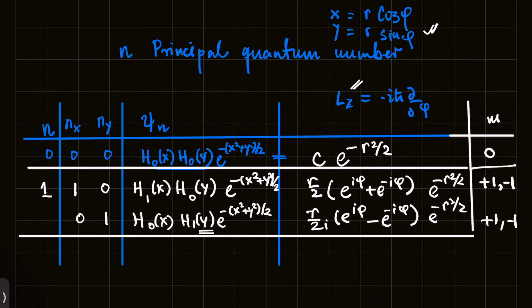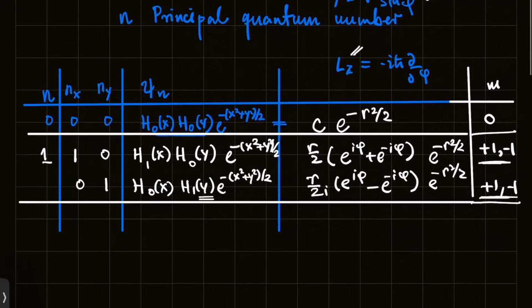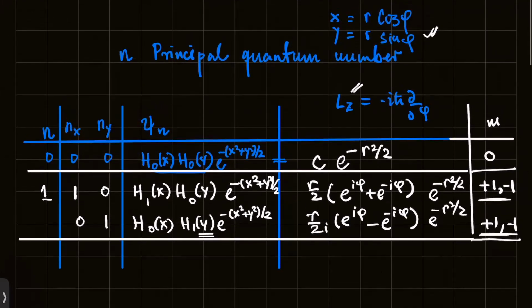But you see here we get a different linear combination here than here, right? But the idea is that when we express it in the polar coordinates, we get the eigenvalues of m to be +1 and -1.